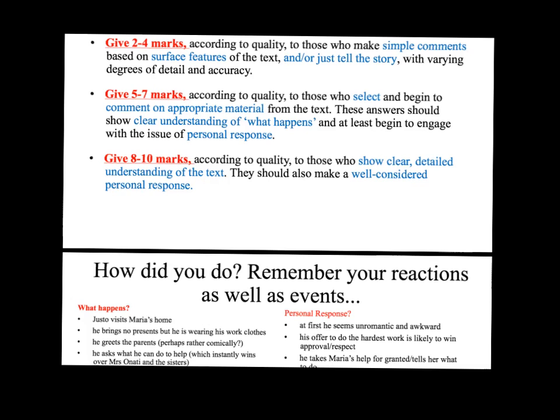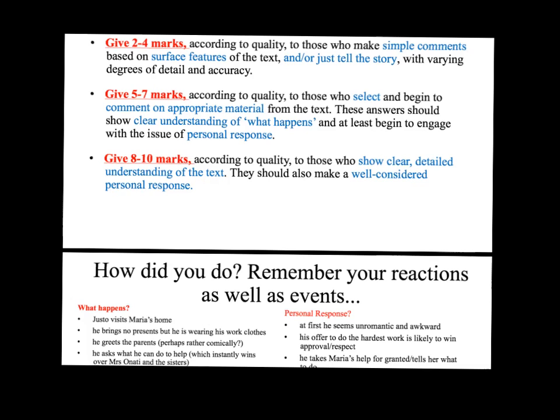To move into grade C, which is a mark of 5, 6, are candidates who are beginning to select and comment on appropriate material. They show a clear understanding of what happens and begin to engage with that issue of the personal response.